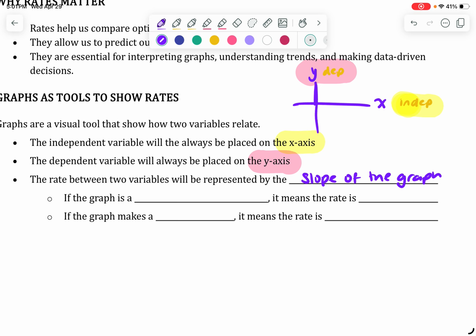When we graph things, we are most commonly used to graphs being straight lines when we're talking about slope. So if I have a graph that is represented as a straight line, that means my rate is constant. Because my slope is constant, right?